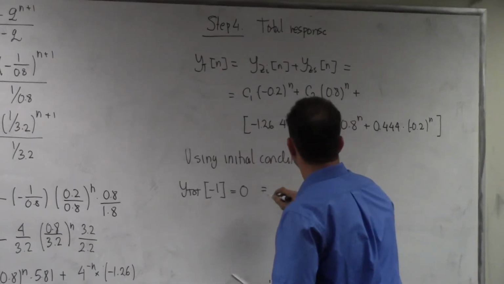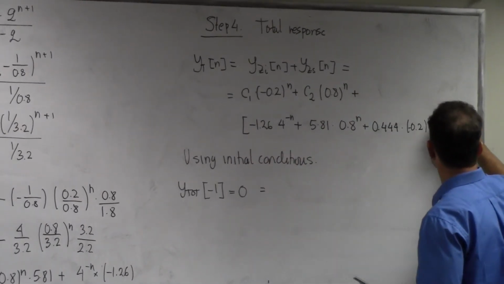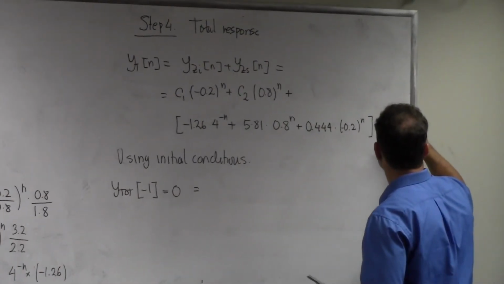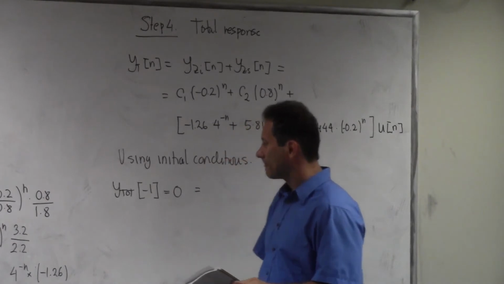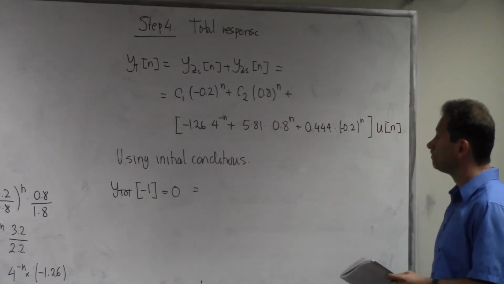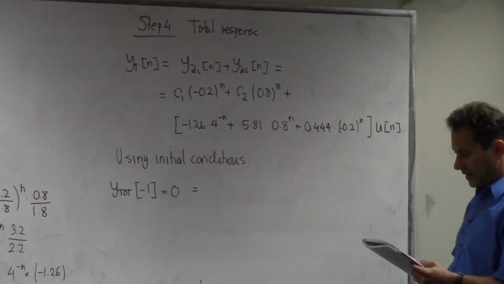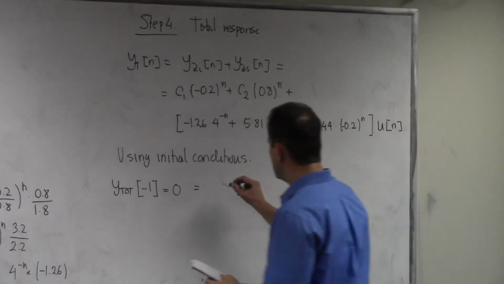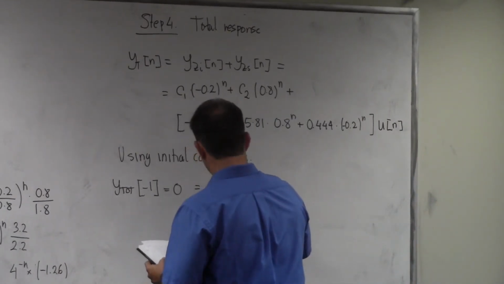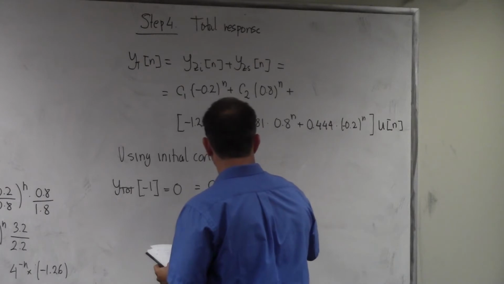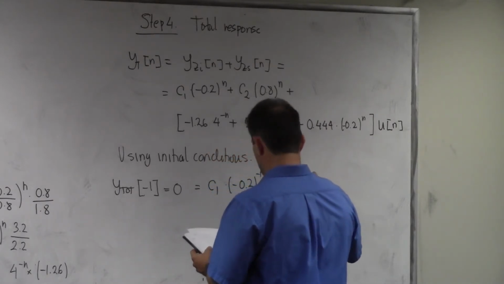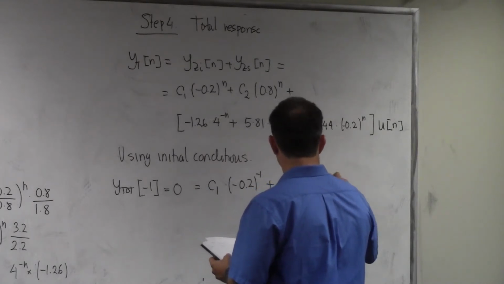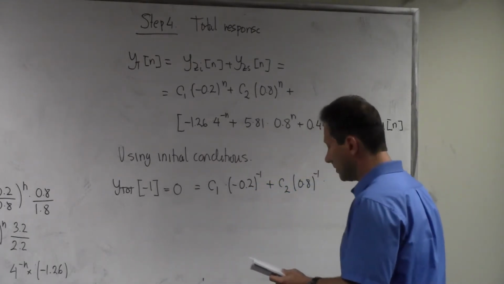Now if I substitute minus 1 here, sorry, this is u of n. We have to make sure we understand that one. We get that this is C1 times minus 0.2 to the minus 1 plus C2 times 0.8 to the minus 1. That has to be equal to 0.